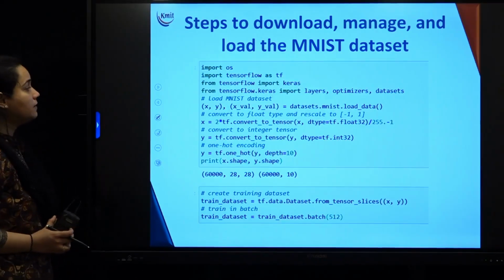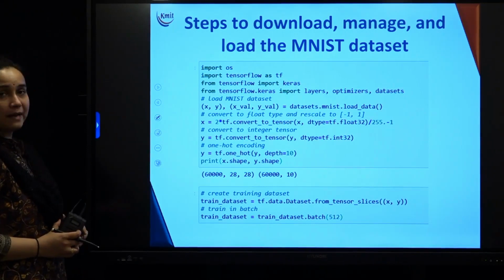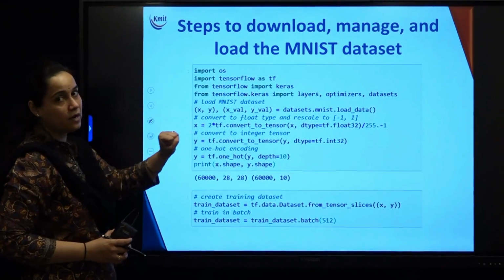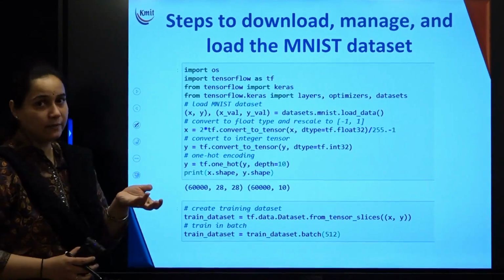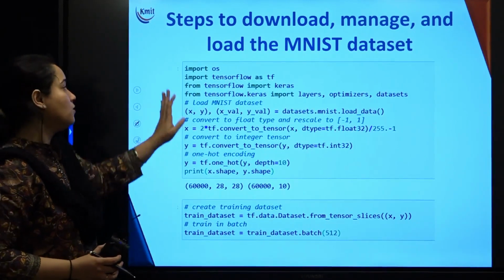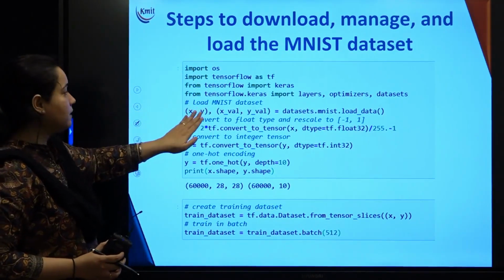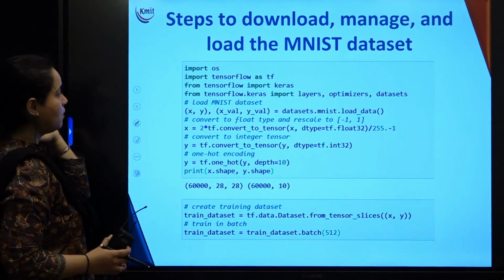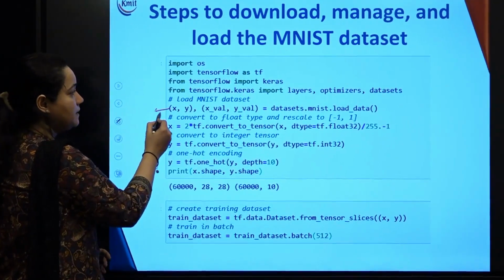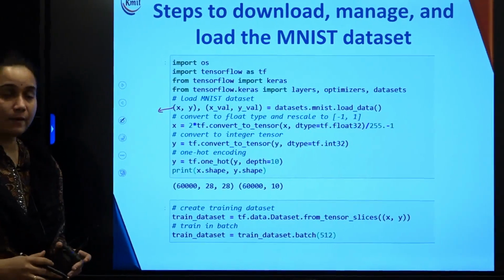Now, these are the steps to download, manage and load the MNIST dataset. You are going to import the TensorFlow library for it. We are going to see more in depth about TensorFlow and Keras in the subsequent units, so right now I am pausing that and moving on to the meat of these steps. Here, I am first loading the MNIST dataset, which I told you is a labeled dataset.